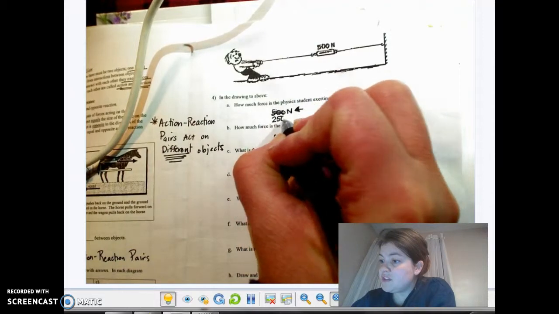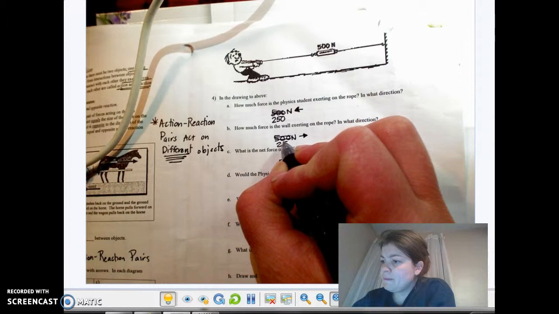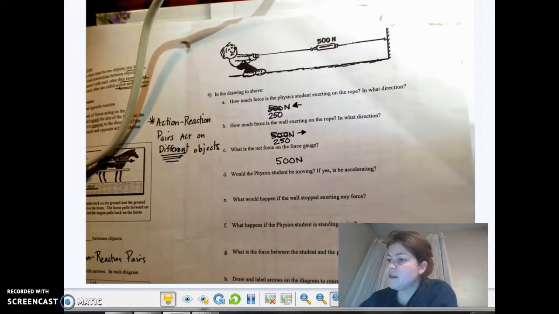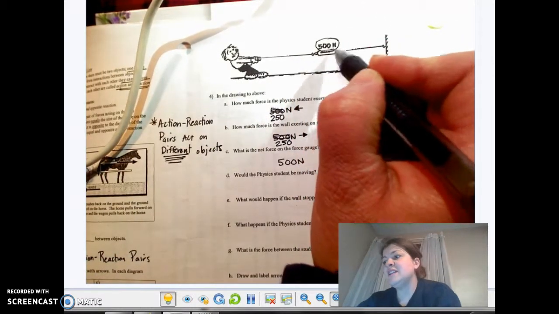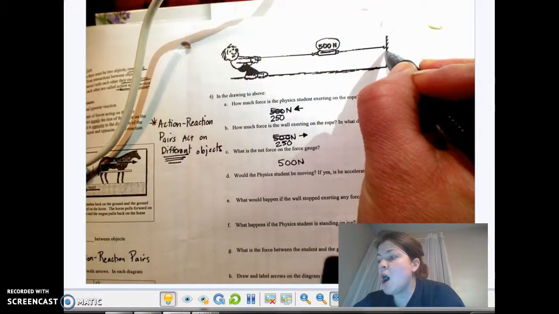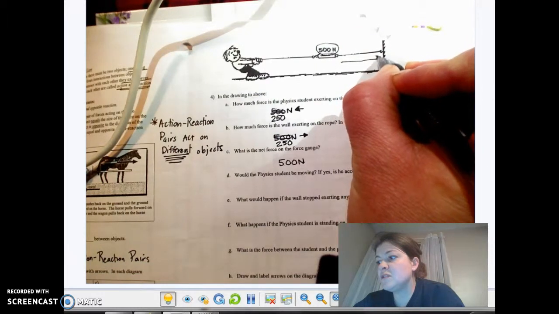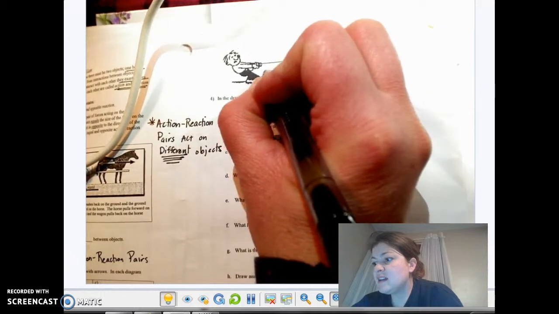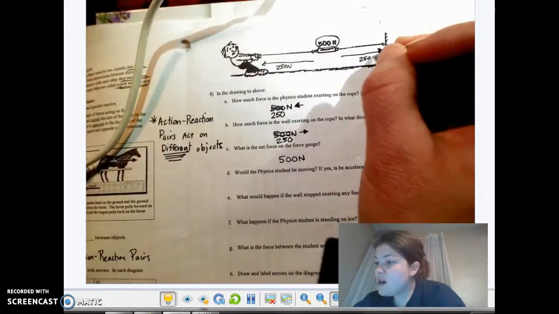It's 250 newtons and 250 newtons, I'm sorry. Because this object right here is having 500 newtons pulled on it. So this wall is pulling this way 250 newtons, and this way 250 newtons.